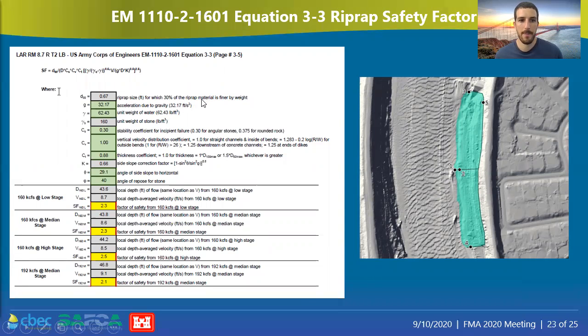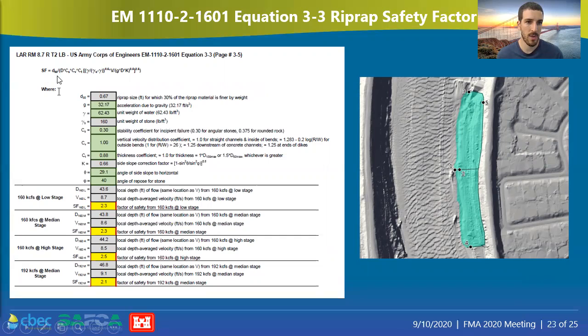Finally, with the riprap gradation, slope, thickness, and size measurements, we then use equation 3-3 in EM 1601 to reorient this equation in order to solve for the riprap safety factor.